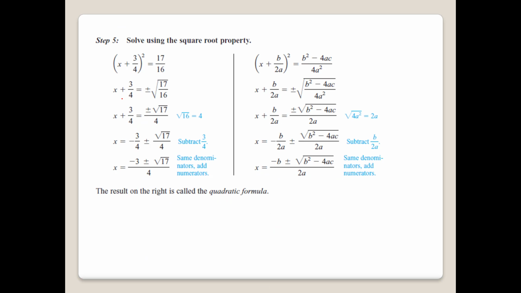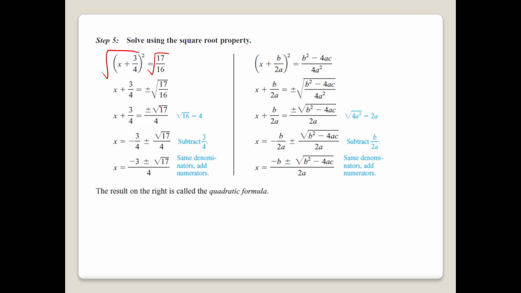Now that we've got that factored out, we can get rid of this squared by taking the square root of both sides. When we did that, it takes away the squared on the left-hand side, so that's x plus 3/4, and that equals plus or minus the square root of 17 over 16.